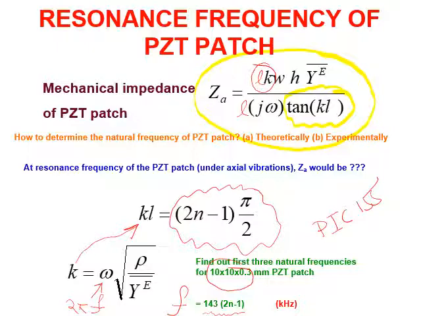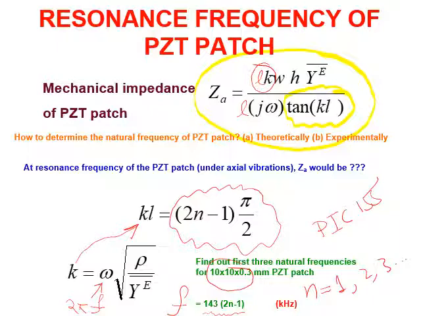This is the expression for the first, second, third resonance frequencies. All you have to do is keep on inputting n equal to 1, 2 and 3. If you input n equal to 1, then the first resonance frequency comes out to be 143 kilohertz.